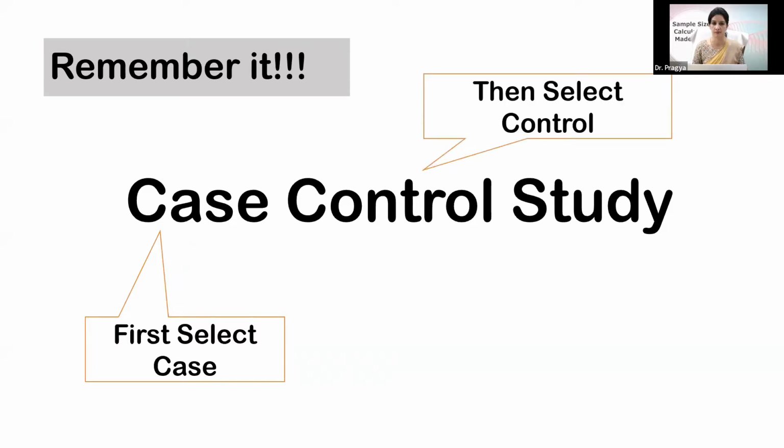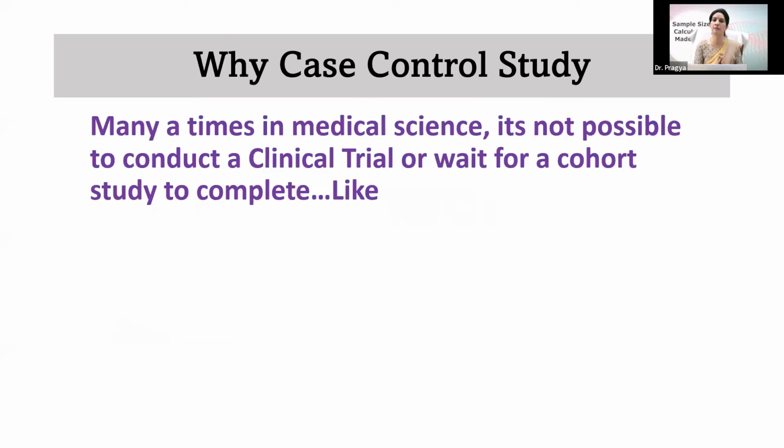And many times in medical science, it is not possible to conduct a clinical trial. So this is when a case control study is warranted, because for a clinical trial you need to register, you need a lot of resources, you need a follow-up time. For a cohort study also, we know that if the disease takes a much longer time to develop, then again we may not have that much time to measure that outcome with that exposure.